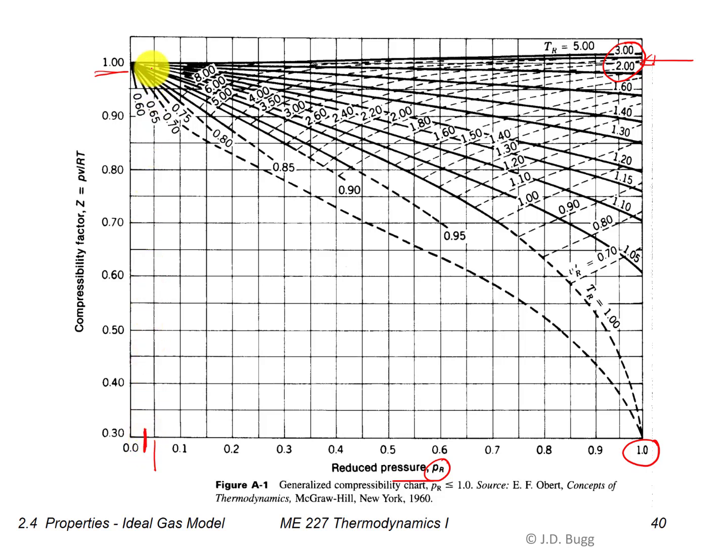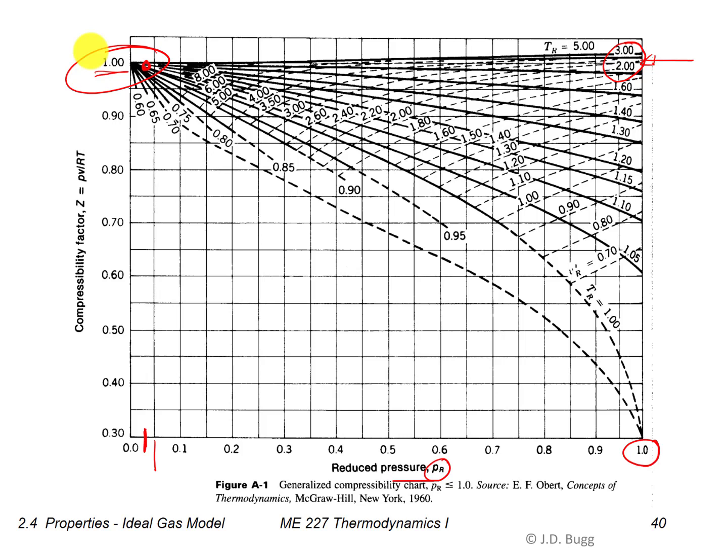So not only are we at quite a high reduced temperature, but we're at a very, very low reduced pressure. So our point is there, and essentially Z equals 1 is the conclusion we would come to. This generalized compressibility chart has confirmed that nitrogen at 100 kPa and 300 Kelvin behaves as an ideal gas.